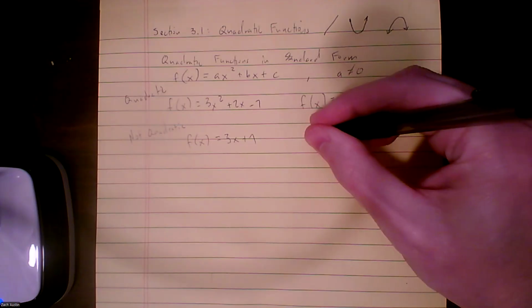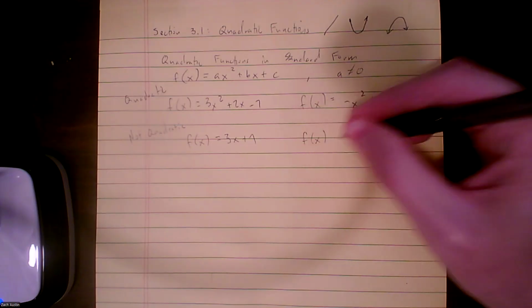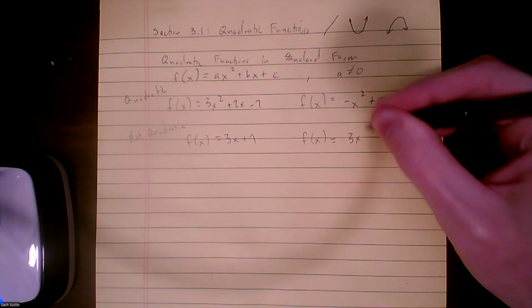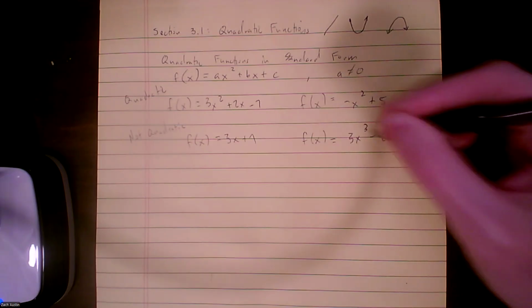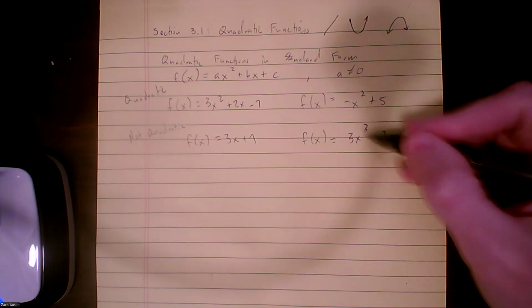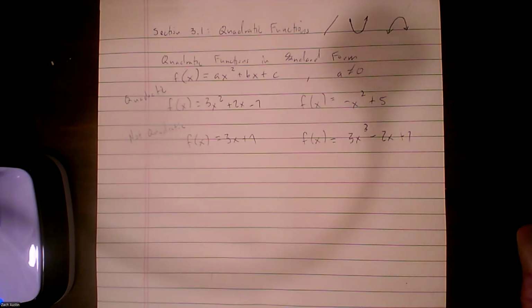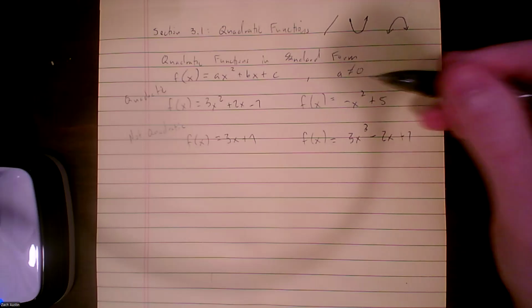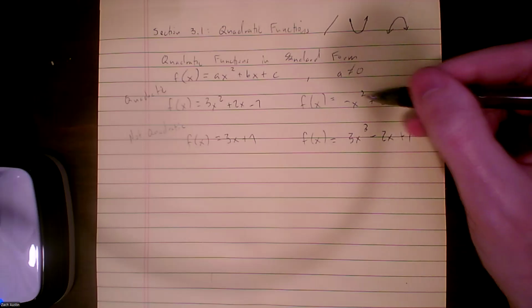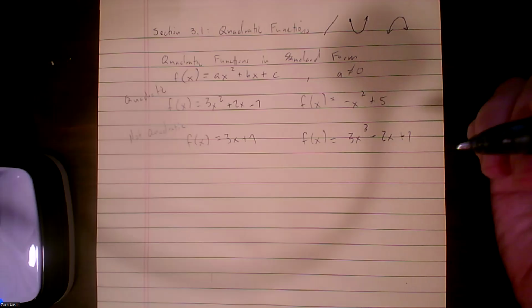Also, if you have a power that's bigger than 2, like 3x³ - 2x + 7, this is also not quadratic. This is what we call a cubic equation, and we'll deal with these later in the course. But our biggest power on one of our variables needs to be a power of 2 in order for us to have a quadratic function.